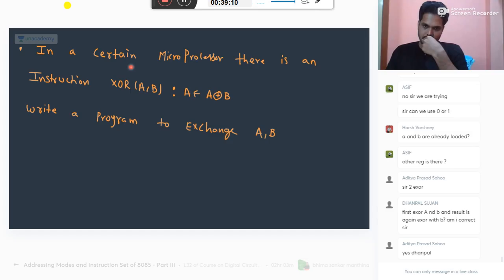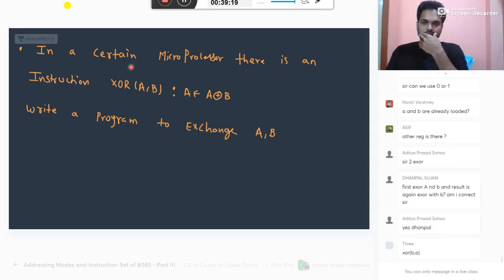Okay, I will do it. A equal to A XOR B, B equal to A XOR B, again A equal to, right, Harsh? Correct. Okay, listen. First you do XOR of A, B. That will give you A equal to A XOR B. First part is done.